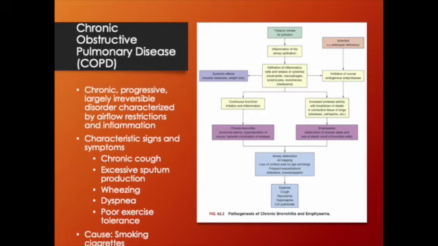This is needed to confirm the diagnosis. And so often you'll see FEV1 over FVC, and we're looking for something less than 0.7. You can see in this figure the events that actually lead to the inflammation, the obstruction of airway, and the air trapping that happens with COPD.